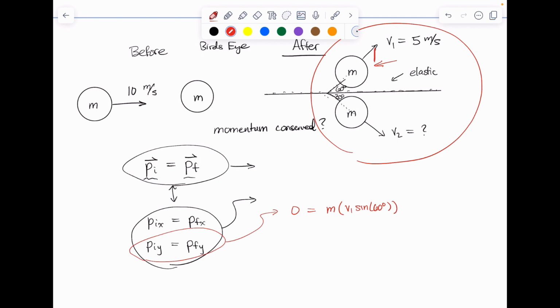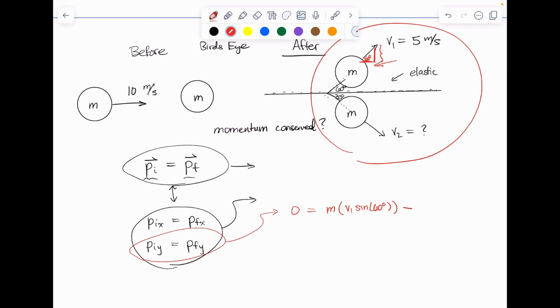Create that little triangle, right? Here's your angle of 60. We're isolating that y component there, right? v1 sine of 60. So this is the momentum going up, right, in the system, and then there's some momentum going down, so we need a subtraction sign.